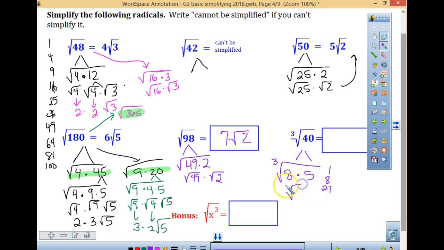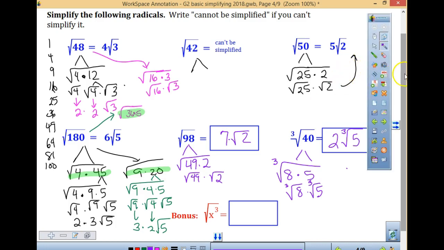That means we have the cube root of 8 times the cube root, and you always want to keep your index of 3 here, of 5. So finding that root of 5. The cube root of 8 is 2, and then you're going to have the third root of 5. Questions?